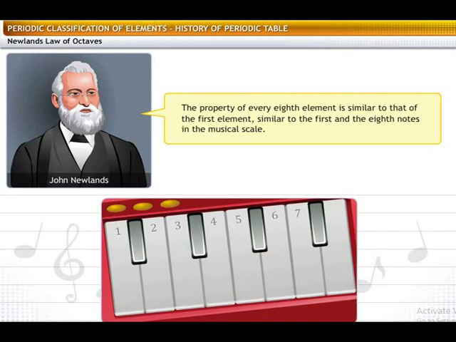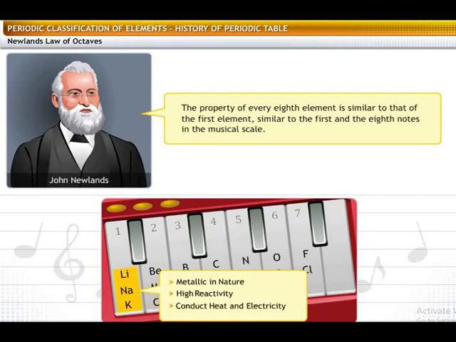Consider the list of elements with their atomic weights in increasing order. Starting with lithium, the 8th element from lithium is sodium. Similarly, the 8th element from sodium is potassium.